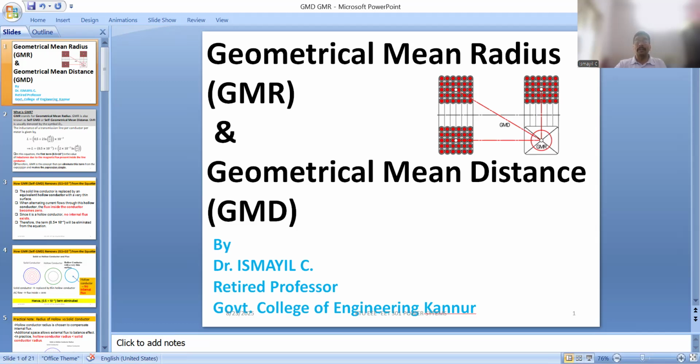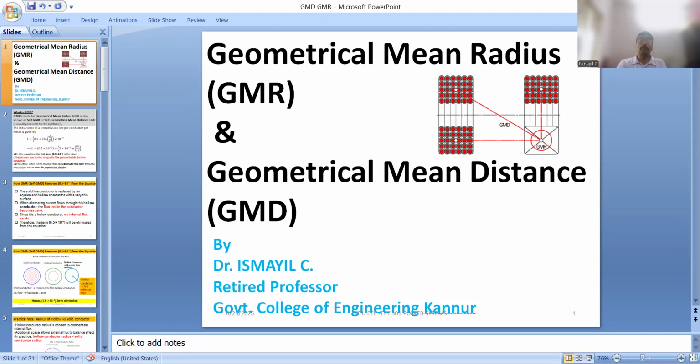But just for understanding the concept, we are taking the distances and finding out the cubic root. So the final result is 5 meter. That is nothing but the distance between any one of the conductors. Why are we getting such an answer? Because it is a symmetrical configuration.